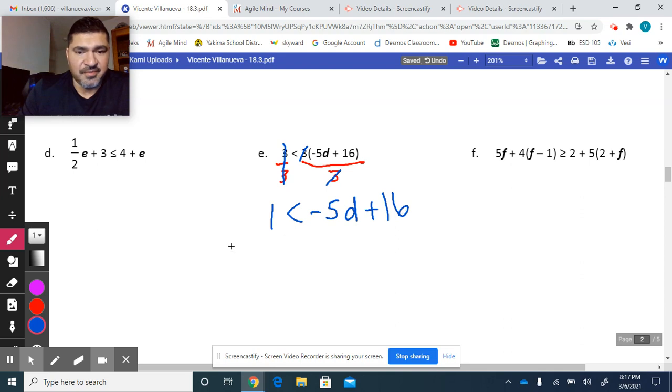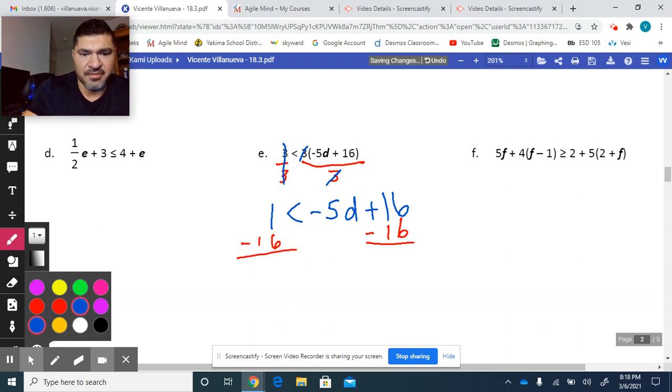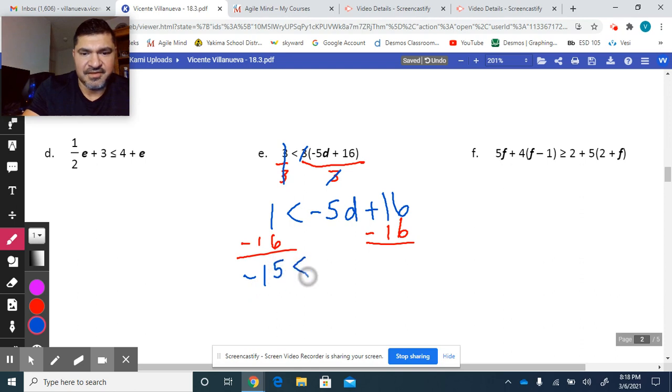I need to get rid of the plus 16. So how do I get rid of plus 16? With a minus 16. Okay, so 1 minus 16, that's going to be a negative 15. Is less than negative 5d. Plus 16, negative 16, that's going to cancel itself out there.